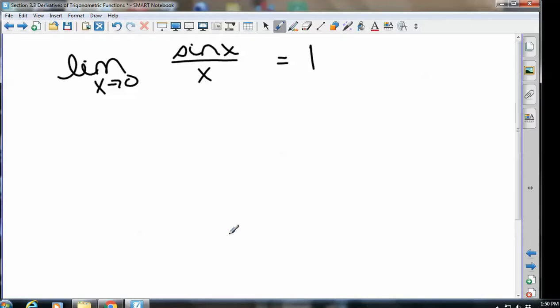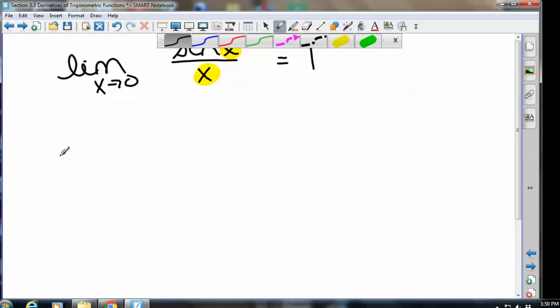This is going to be true for some different manipulations of this. It would be true anytime the angle and the denominator are the same and approaching 0.